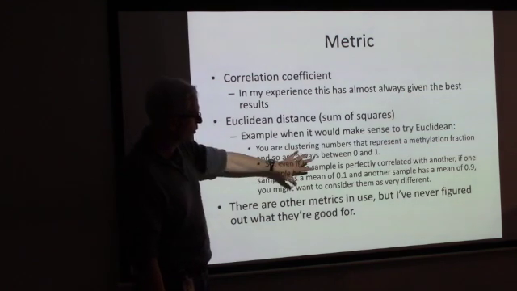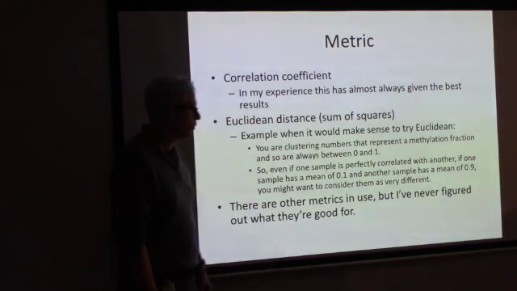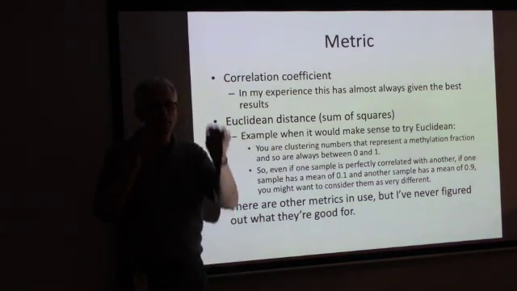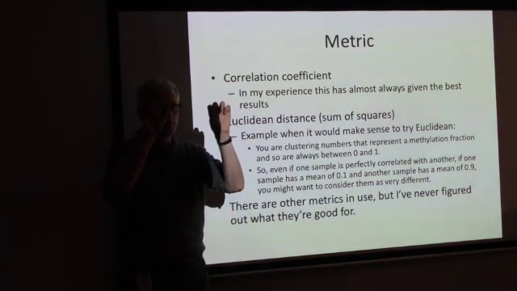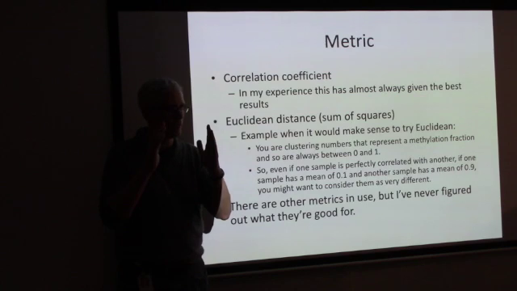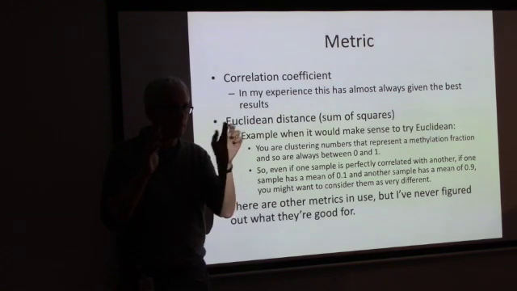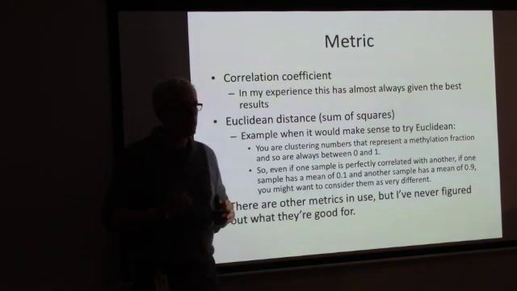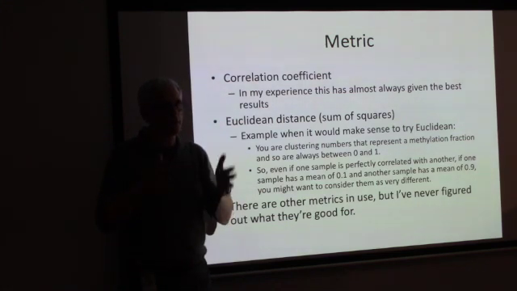In this example, when I'm talking about methylation fraction, you could imagine having 2 methylation fractions, which change as you move across the genome, and they're very correlated, but one is small values and one is large values. One is always near 0, and the other is always near 1. In that case, if you did correlation, you'd say, oh, they're very similar. They're all correlated.